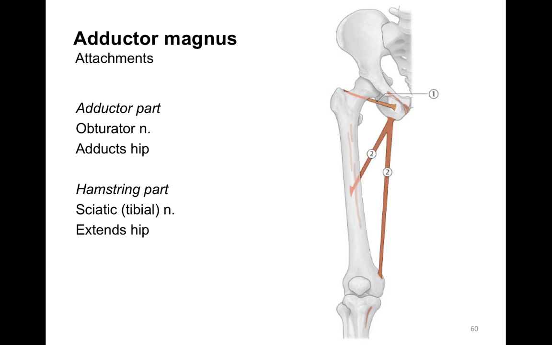Adductor magnus is a little unique in that it has two portions, an adductor part and a hamstrings part. This muscle has a dual innervation. But fortunately, the adductor portion has innervation corresponding to the adductors of the medial compartment, that is obturator nerve.